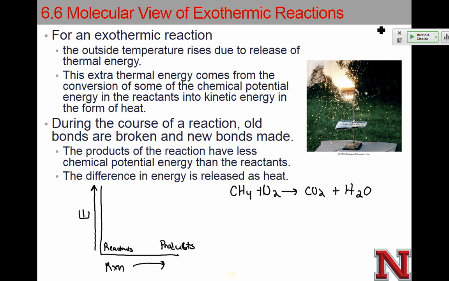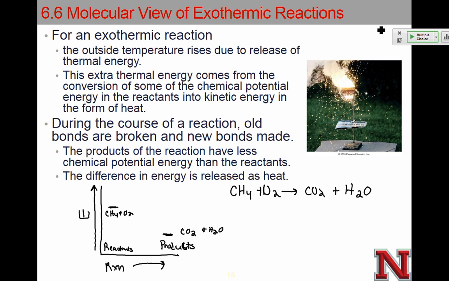So in this case, our reactants start off at a higher energy, and our products end up at a lower energy. And for our products, this energy is the energy of both CO2 and H2O. The energy here is the energy of CH4 and O2. So it's not just CH4, it's not just O2, it's both of those potential energies added together.